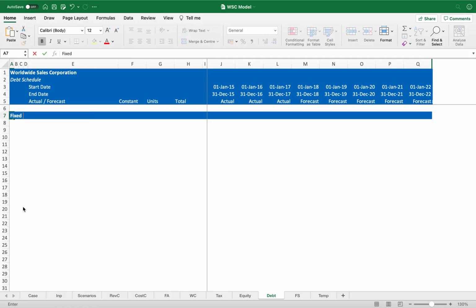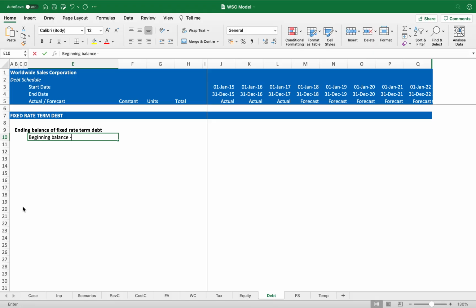So we'll do the very first computation, fixed rate term debt. The very first computation under fixed rate term debt will be ending balance of fixed rate term debt, and we know now how we actually compute the ending balance.